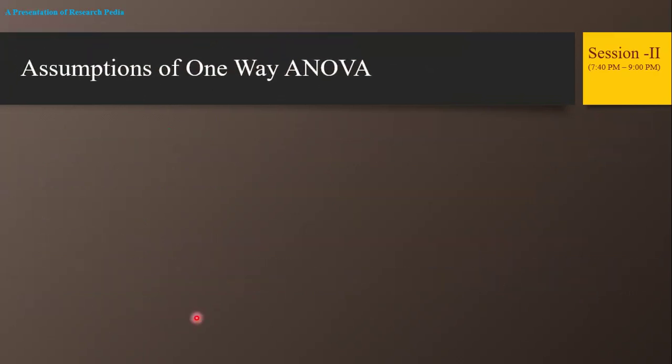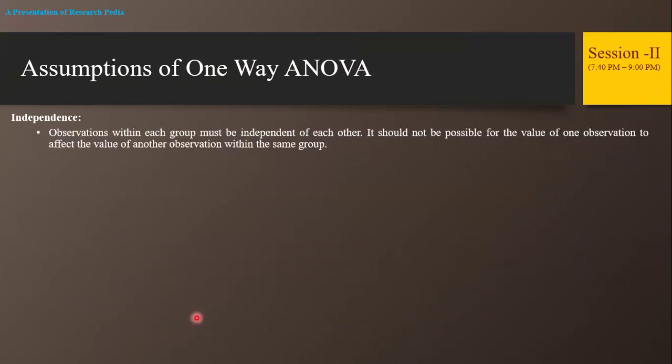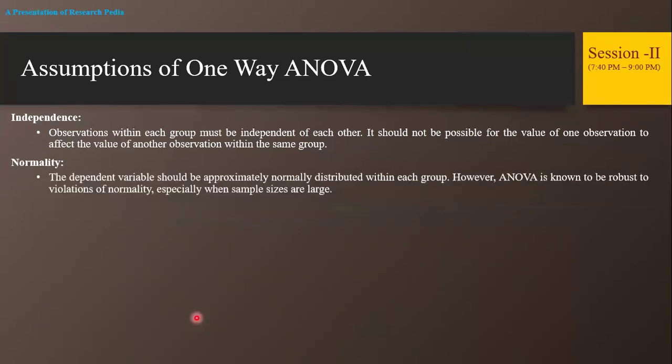So how will we deal with such a situation, and what are the assumptions? The first assumption is independence. Observations within each group must be independent of each other. It should not be possible for the value of one observation to affect the value of another observation within the same group. The second is normality. Your dependent variable should be approximately normally distributed within each group.